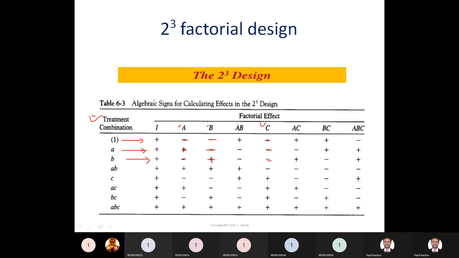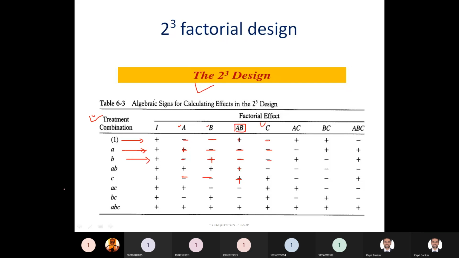And this is the interaction effect, meaning multiplication of A and B: minus minus plus, then plus minus minus, minus plus minus, plus plus plus. Here A is minus, B is minus, then AB means A into B, minus minus plus. Likewise, you can prepare this design table, but don't worry, this is readily available online.